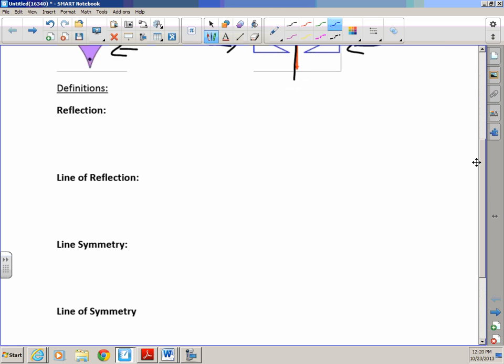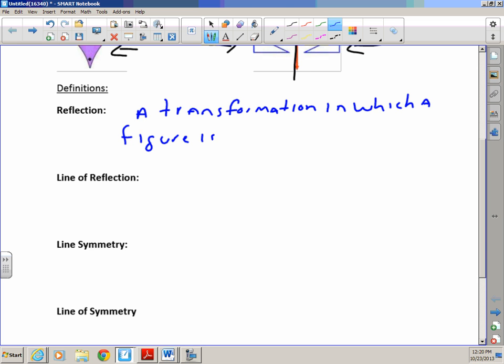A reflection is a transformation in which a figure is reflected in a line.